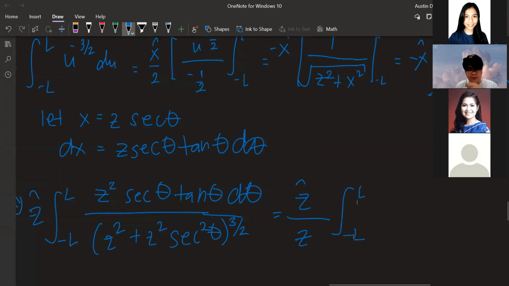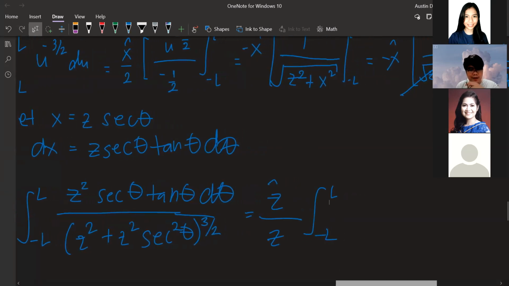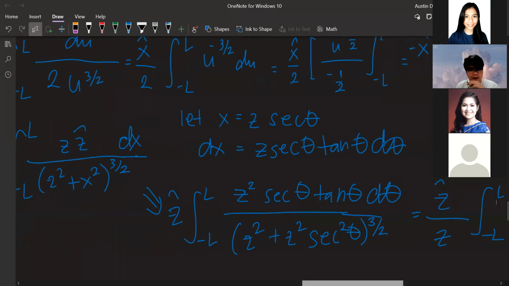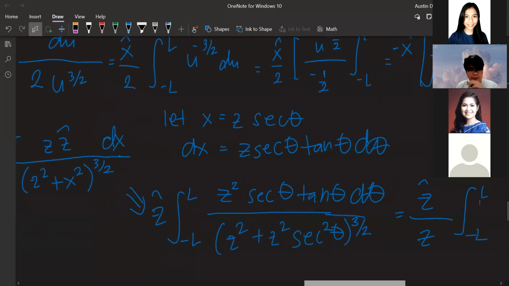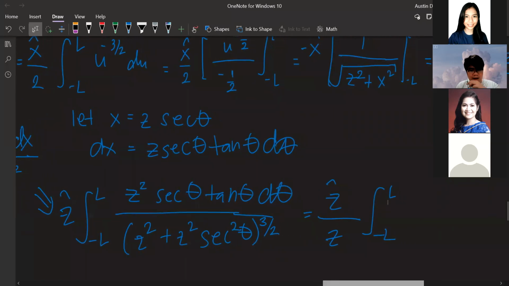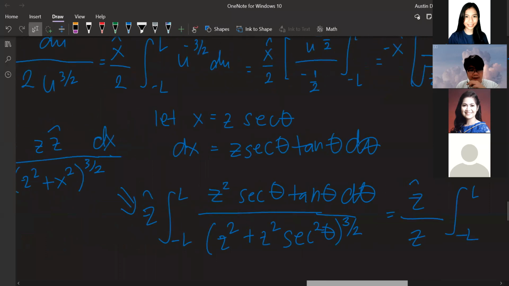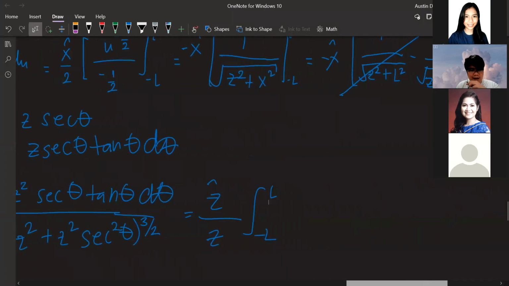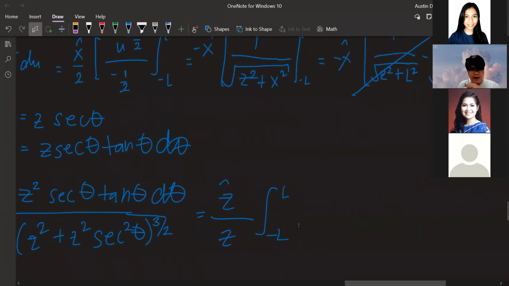Hindi ko pa pinapalitan yung bounds natin kasi babalik din ako from theta to your x and z. And then yung denominator mo, secant theta, tangent theta, d theta.